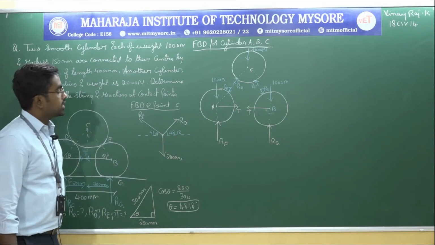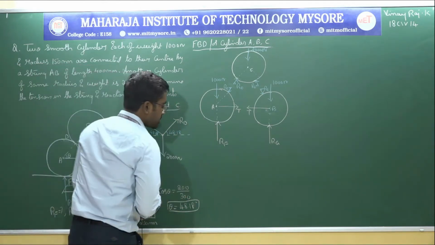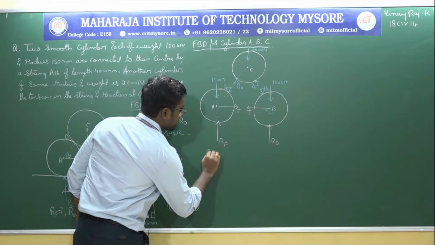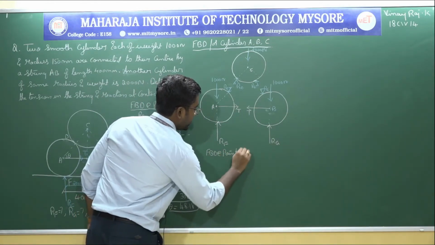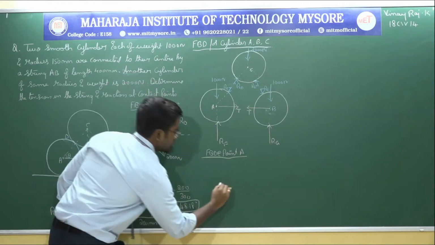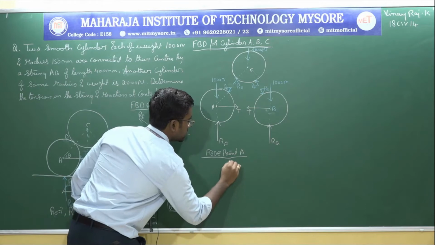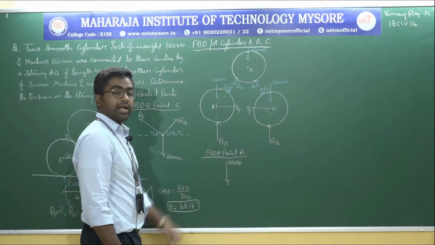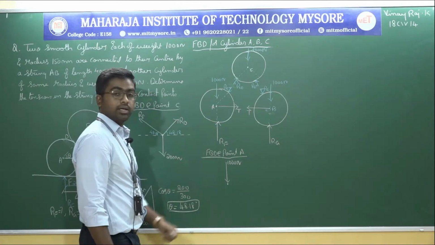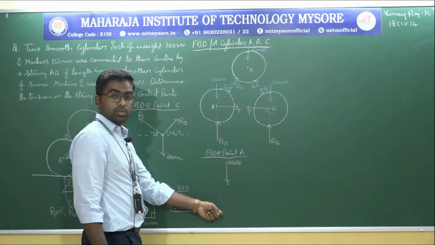Now let us write the free body diagram for the cylinder A. So free body diagram at point A. Now this is point A. So this is 1000 Newton. I am going to write it here because there is one more reaction below this point also.